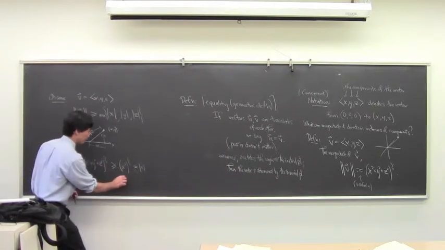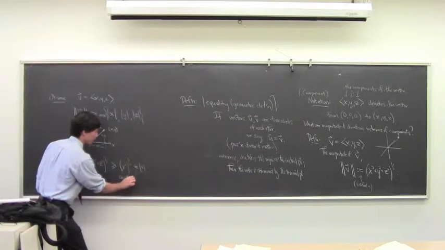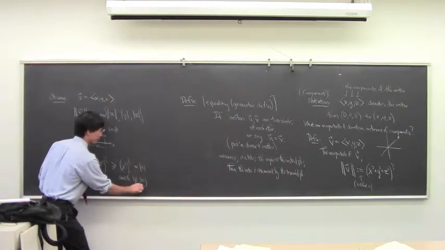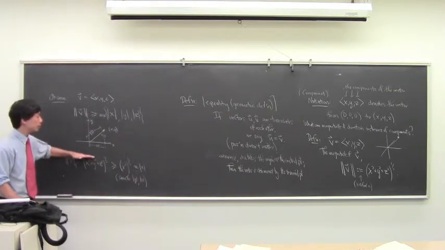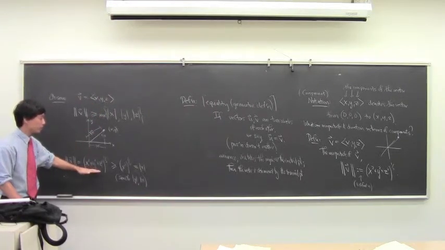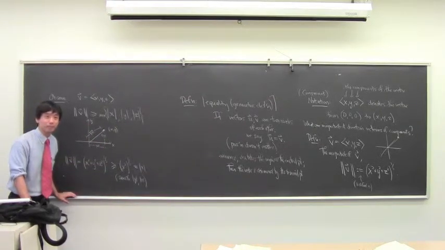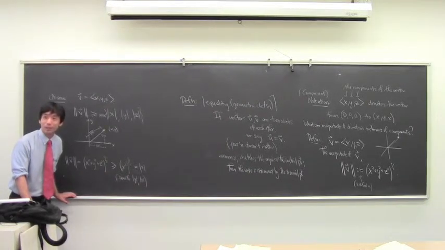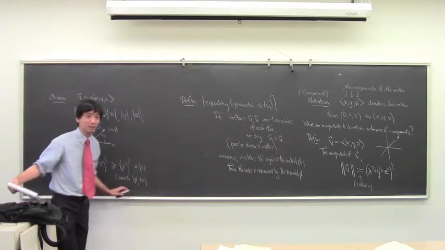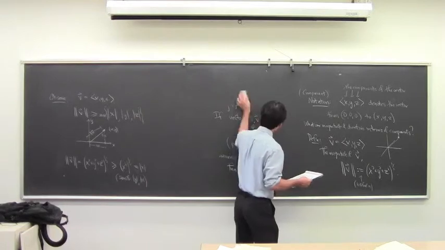And we could do the same thing for the absolute value of y and the absolute value of z. So you could make this observation either algebraically or geometrically. Everyone all right? Okay, good. Nothing fancy so far.